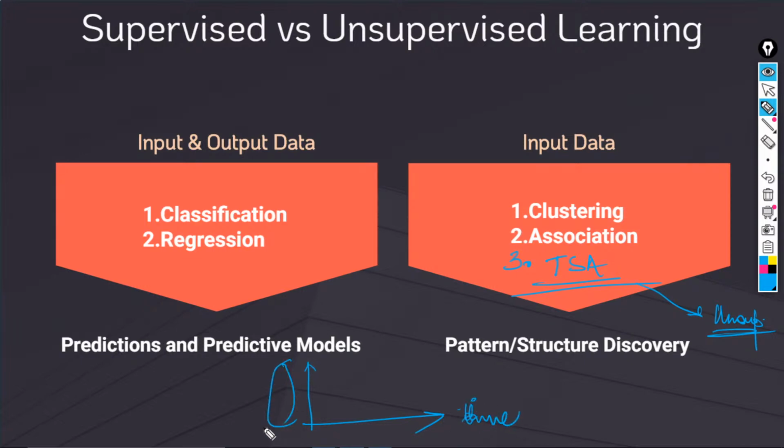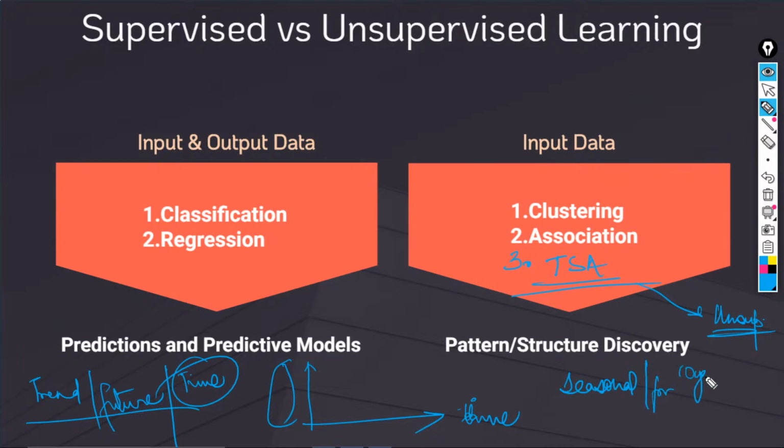The other is one independent variable. That's it. And in time series analysis, we would be calculating different things like trend, or probably how it would be after 5 years, that is the future, or things associated with time, right? We would be calculating the seasonal behavior of a product, or how it would behave after 10 years. Like, this is a future graph, right?